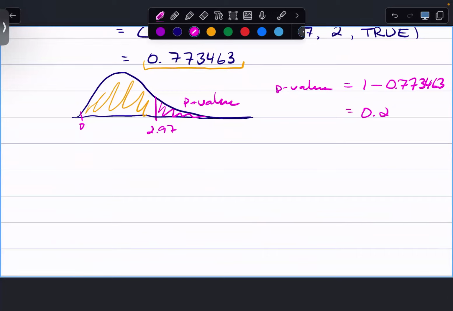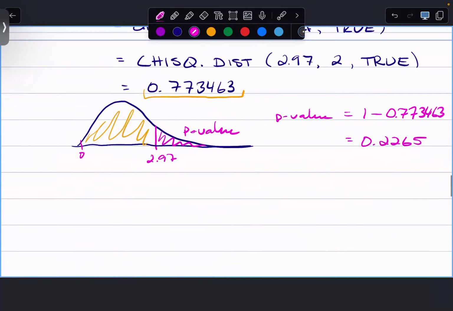So the 0.77 is the chi-squared? No, 0.77 is the area to the left.